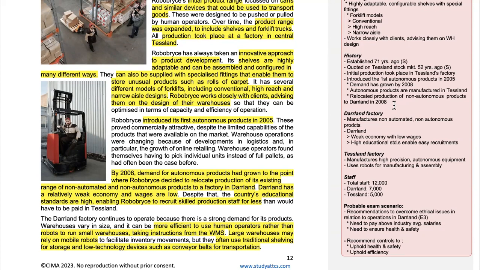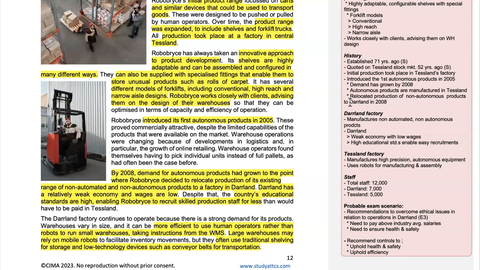However, in 2008, we relocated our non-autonomous manufacturing plant to Darland, a separate, foreign country, and autonomous products were manufactured within Tesland. So what you need to understand is we are manufacturing via two manufacturing facilities. One manufacturing facility is located within Tesland, in which autonomous products are manufactured. When it comes to manufacturing non-autonomous products, we have moved into Darland, which is a foreign country.